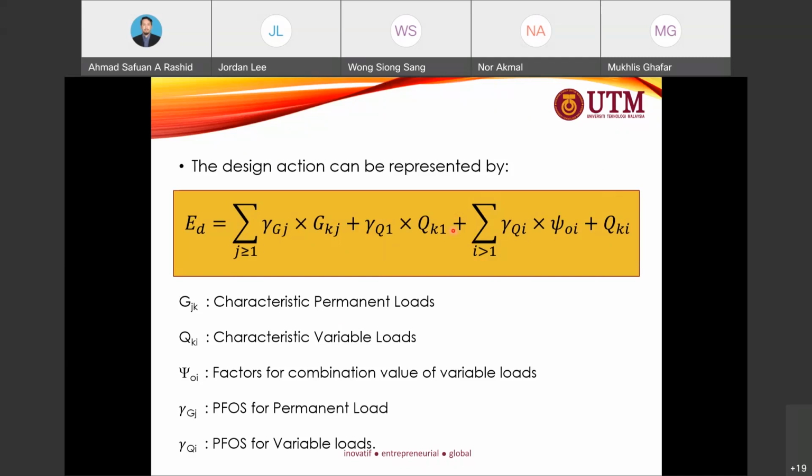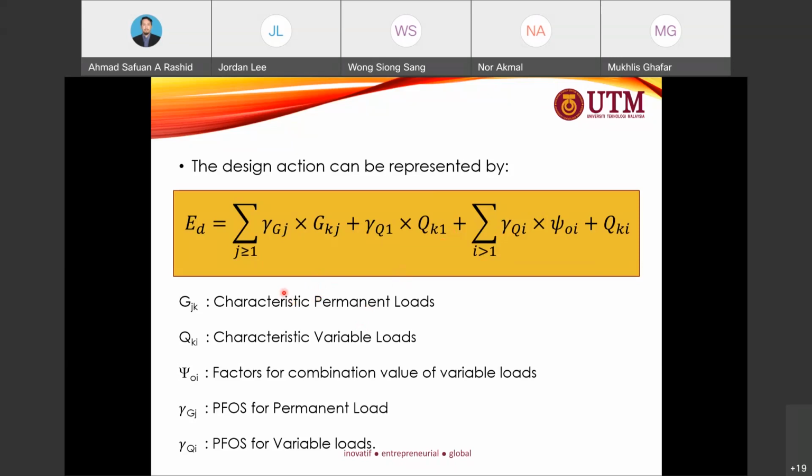The design action can be represented by this equation that we may use later. I just describe it in general, then we may go through the example to identify which parameters need to be included in order to obtain the design action.